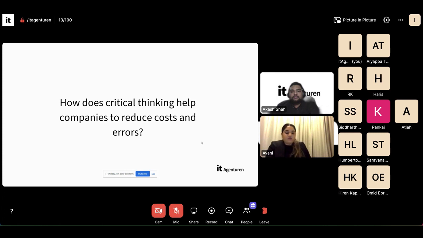And for such organizations, it is quite important to hire the right talent, where they understand that self-leadership and critical thinking is a vital part of their development plan, and make sure that every assignment or task given to them needs to be planned first rather than approaching it for implementation or development right away. And this could in turn definitely reduce the cost and also the possibility of manual errors in a project.